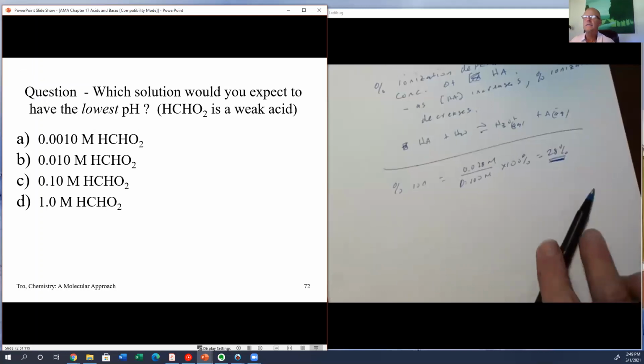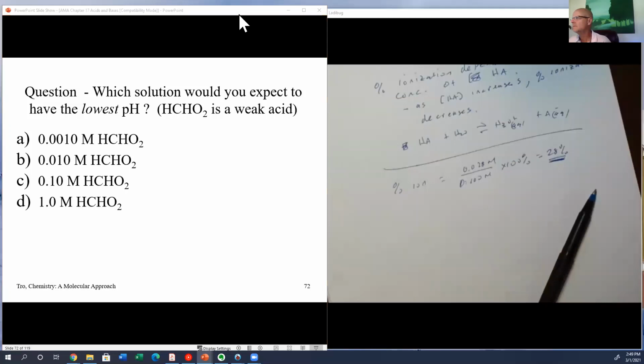Okay. Let's see if you're getting this. Here's a question for you. I don't want you to have to work an equilibrium problem or anything here. Just think about it. Remember that the more acidic a solution is, the lower the pH. A low pH means acidic. 7 is neutral. High pH is basic.